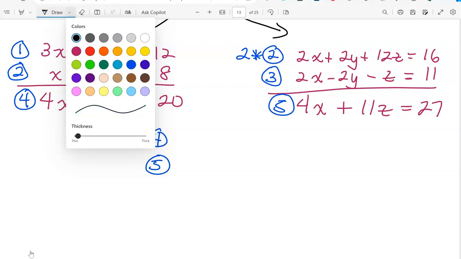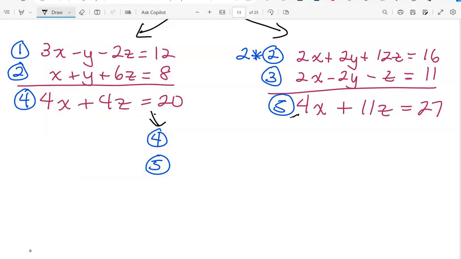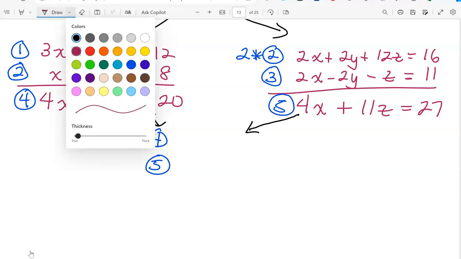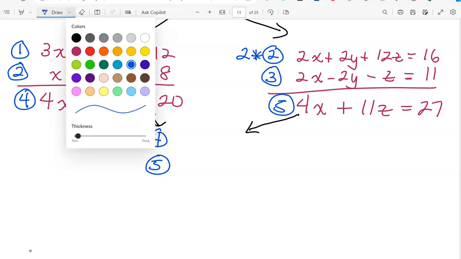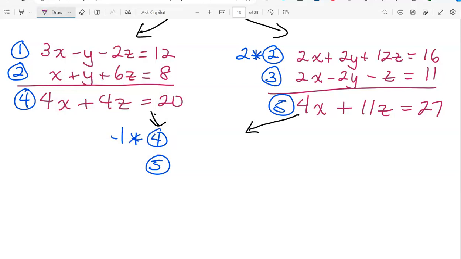So we're going to come back together from our two previous steps, and I'm going to take equation number 4 and multiply it by -1. So -1 times equation number 4 gives us -4x minus 4z is equal to -20.